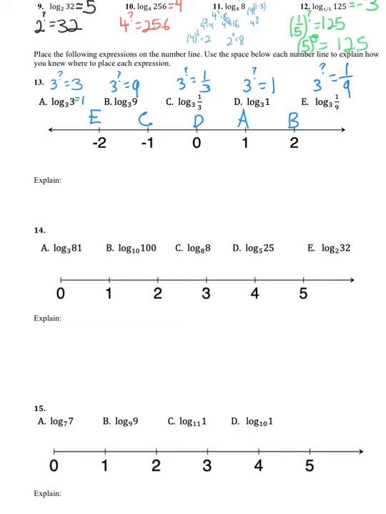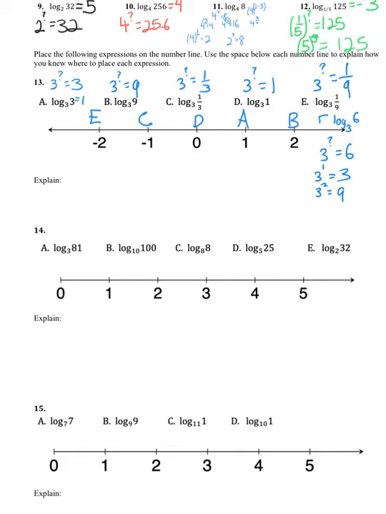Something else to keep in mind, we might have one that says something like log base 3 of 6. On some of these number lines, you might see something like that where it's 3 to the question mark equals 6. So you have to ask yourself, okay, 3 to the first equals 3, 3 to the second equals 9. So 3 to the question mark is going to be somewhere between 1 and 2.